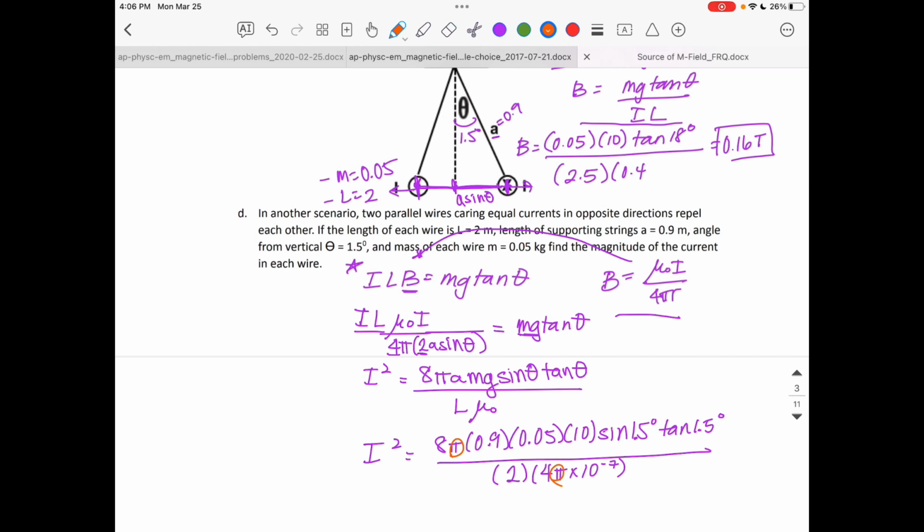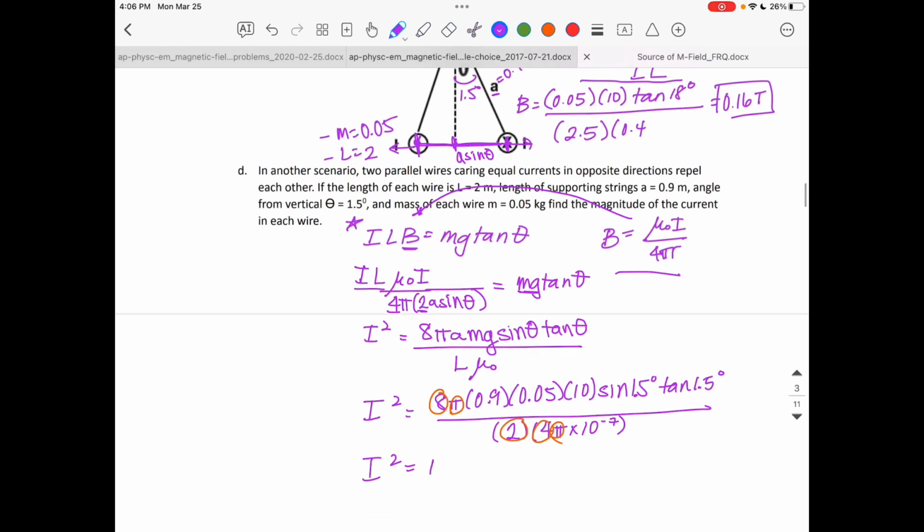The 4 and the 2 are going to cancel out with the 8 here. So quite a few things simplify. In the end, you could just plug it in as is. I end up with I squared is equal to 1,542, but I still have to take the square root of that, and so when I take the square root, I get a current of 39.2 amps.